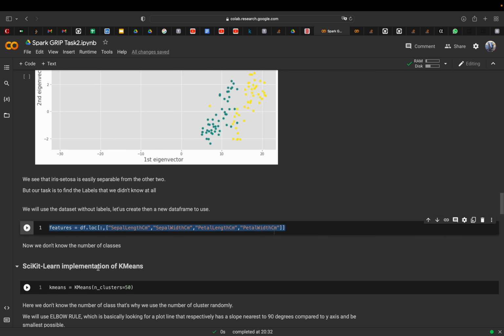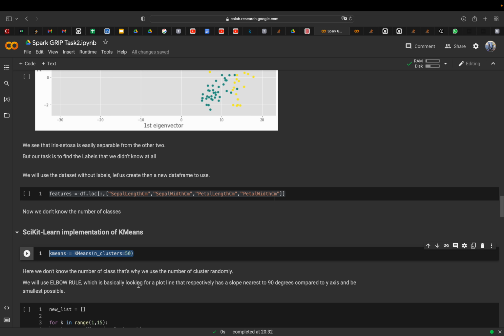Here we are using the k-means algorithm. So what is k-means? K-means is a type of machine learning algorithm that has many examples in real life. For instance, when we want to wash our clothes, we take into account some parameters.